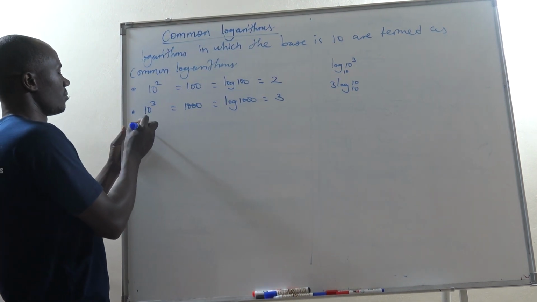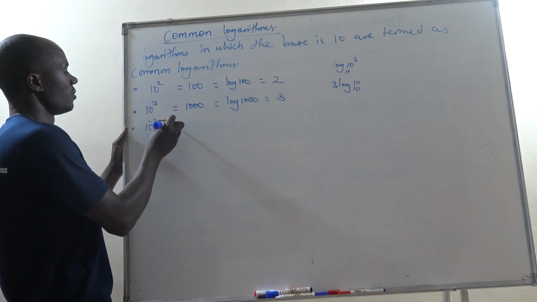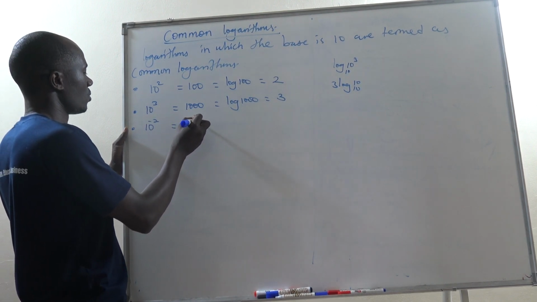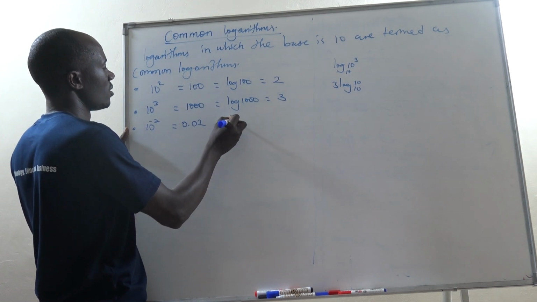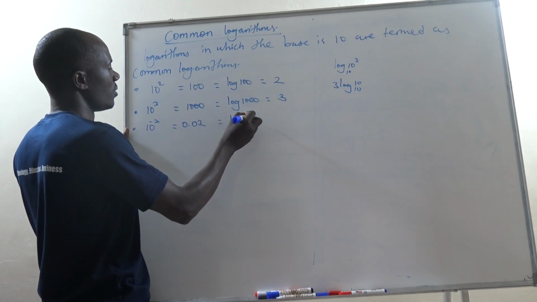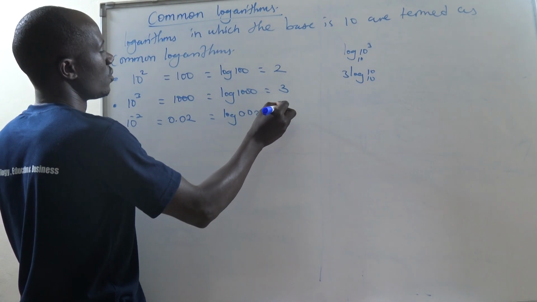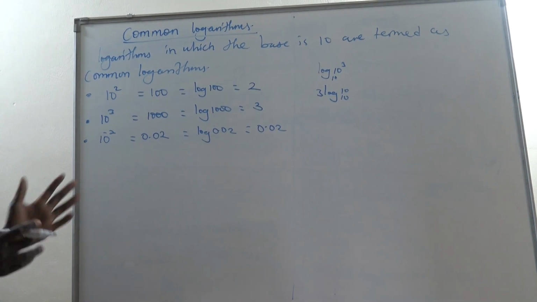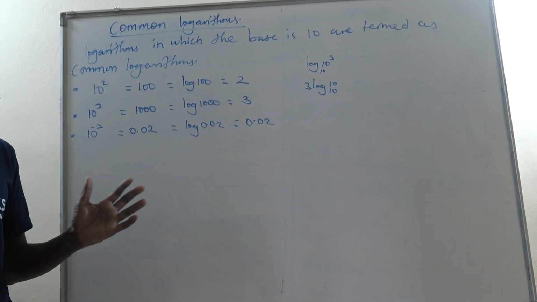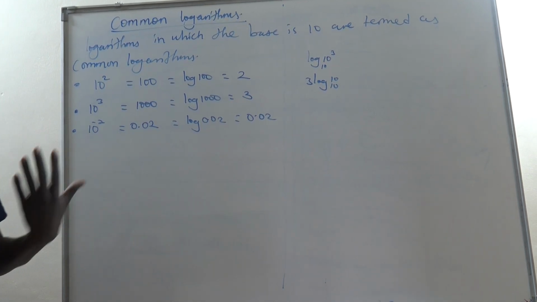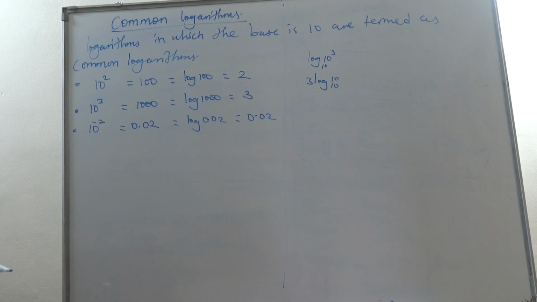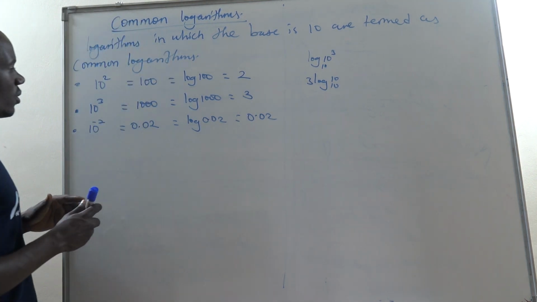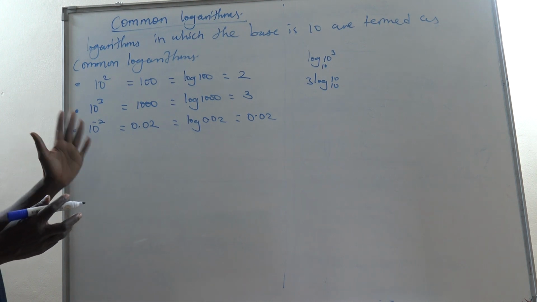Another one is 10 power negative 2, which is the same as 0.01, so log of 0.01 is negative 2. Those numbers are very, very common. The moment you see them, no need to rush to calculate. Those are what we call common logarithms.